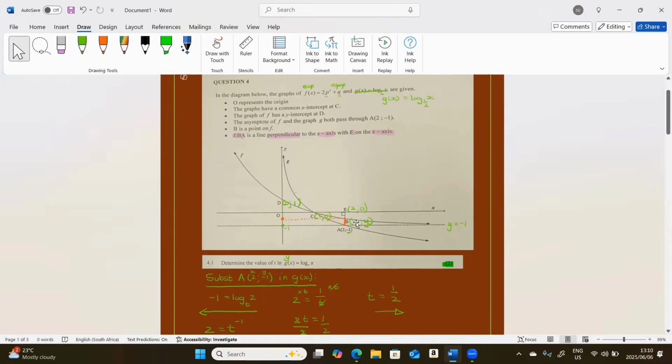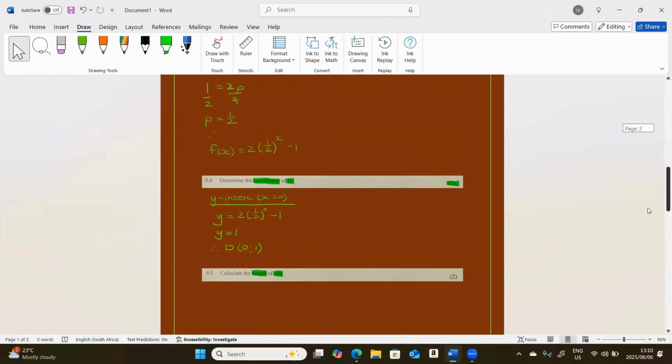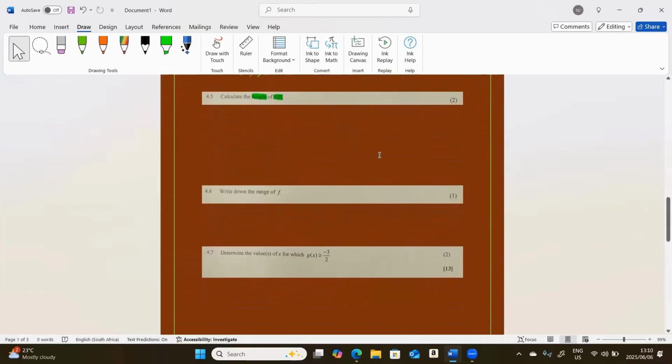So we are going to substitute x with 2 in my exponential function, and then we would get the y value where x is equal to 2. Let's go and do that. That is definitely the method behind the madness over here.